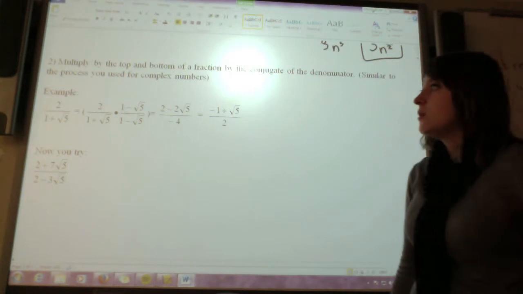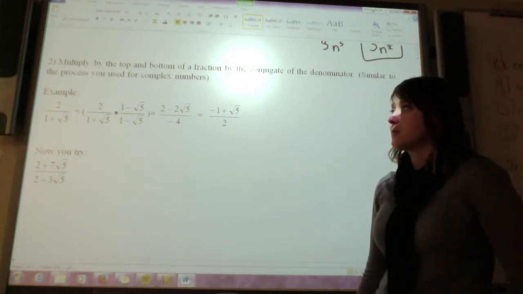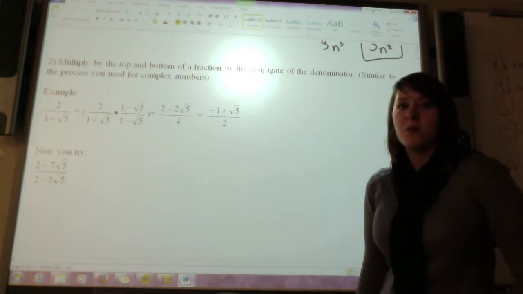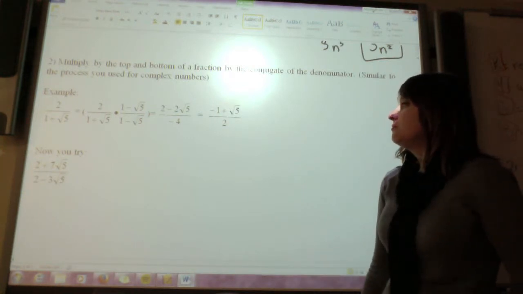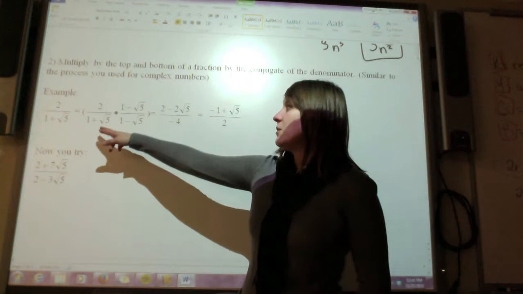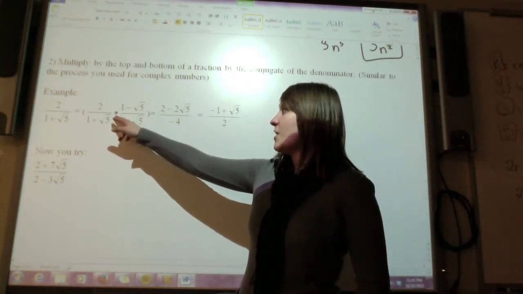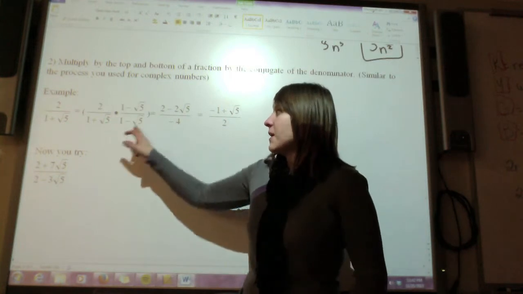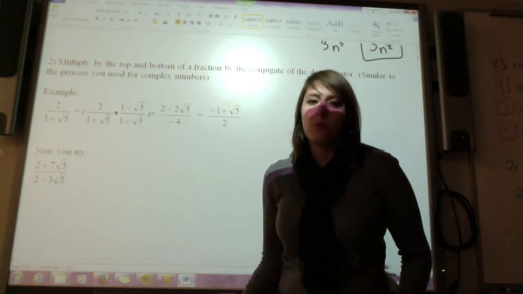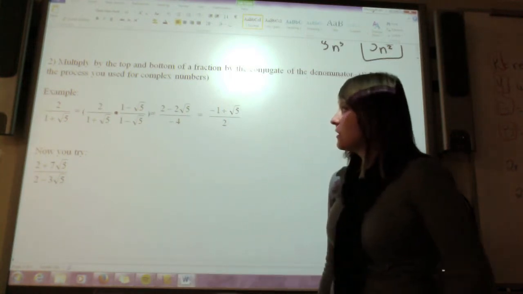If I have 2 over 1 plus the square root of 5, I know that I would be multiplying by the conjugate of that denominator. So that would be 2 over 1 plus square root of 5 times 1 minus square root of 5 over 1 minus square root of 5. Remember that this is the same thing as 1, so I'm not actually changing anything.